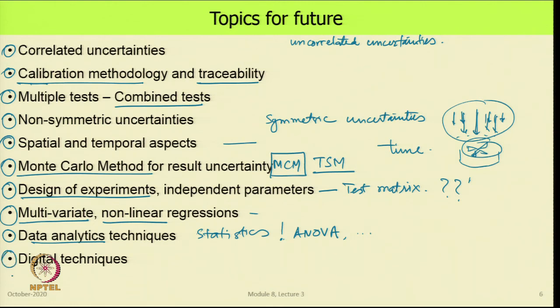And then there are various sophisticated techniques like digital techniques, where you may look at signal processing, and this could be related to data or data sequences or pictures or video.